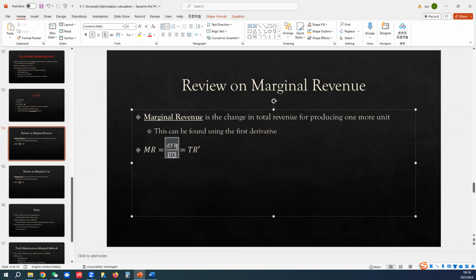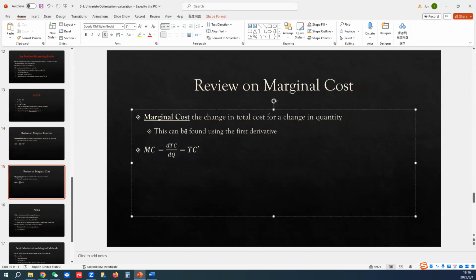So say if you gain 1 million more income by producing 1,000 more units, then each additional unit that you produced can give you $1,000. So that is marginal revenue. That's the marginal concept, which is also the derivative of total revenue. As I previously did the maximizing revenue problem and minimizing cost problem, I was actually reminding you of this already.